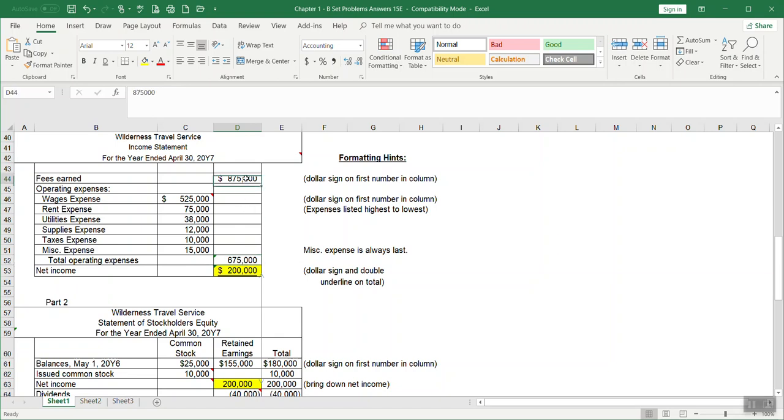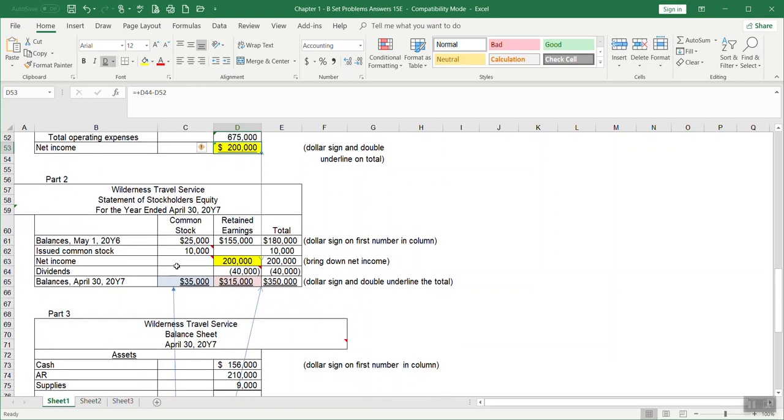Because to get net income, I want to take my fees earned of $875 minus my operating expenses of $675 for a net income of $200,000. Now your totals should have dollar signs and be double underlined. So again, dollar signs on the first number in each column, dollar sign and double underline on totals.